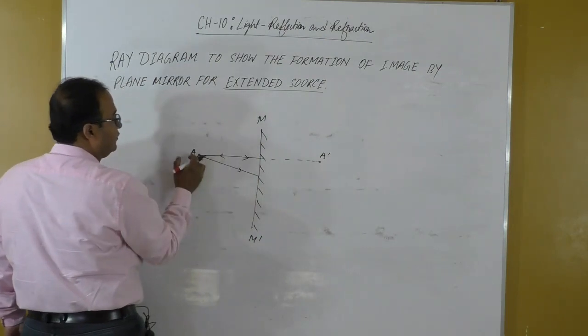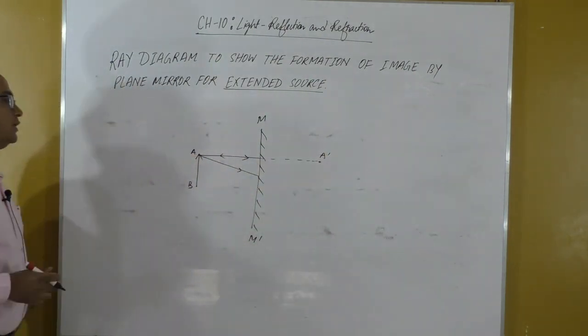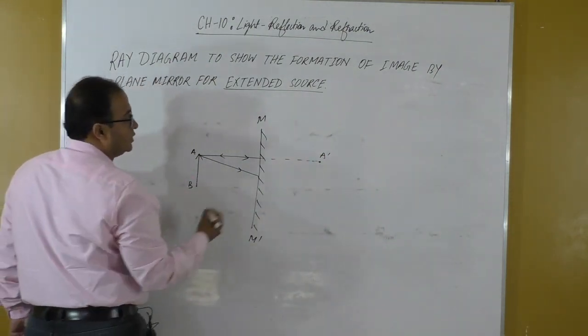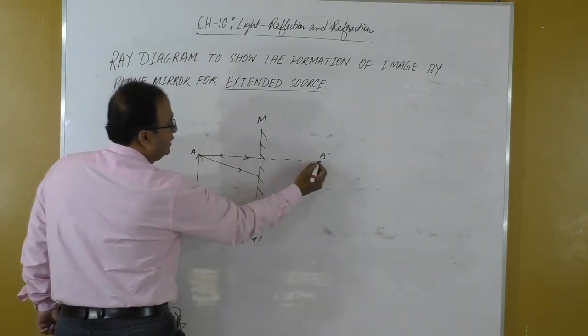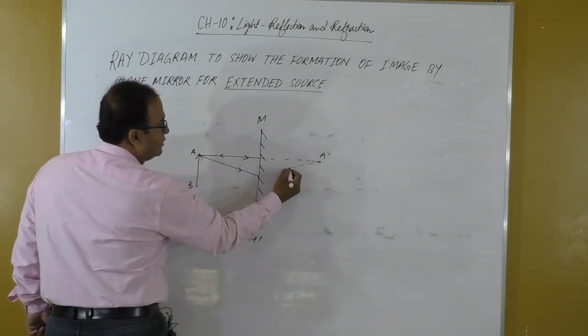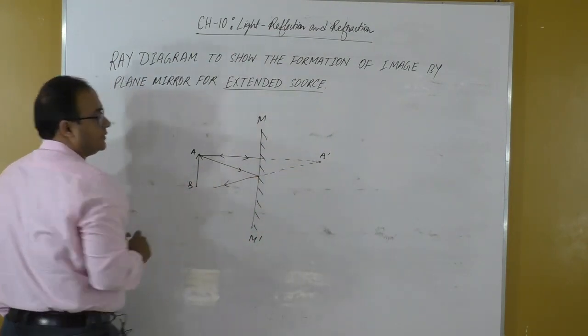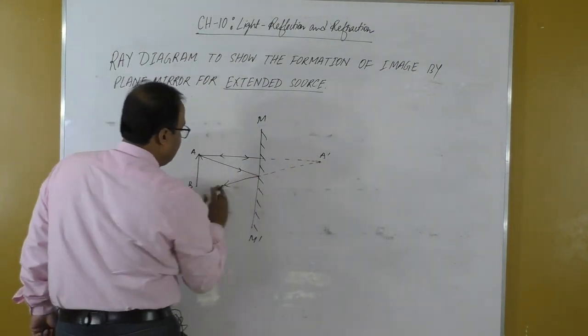So distance of A from the mirror and distance of A dash from the mirror should be equal. If you mark this point, it will be easier to draw this diagram. So from here the light is reflected along this direction, and from here you can draw the reflected light ray like this. So for point A, the image is A dash.